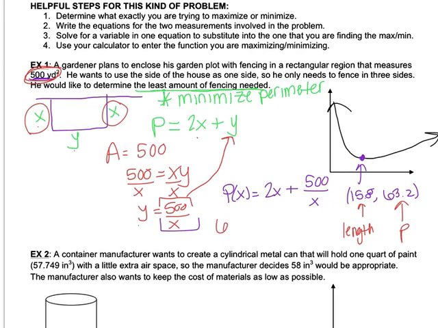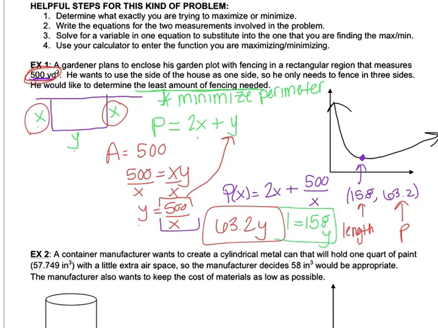So 63.2 yards is the answer for what is that smallest perimeter. And to get that smallest perimeter, the dimensions would be a length equals 15.8 yards.